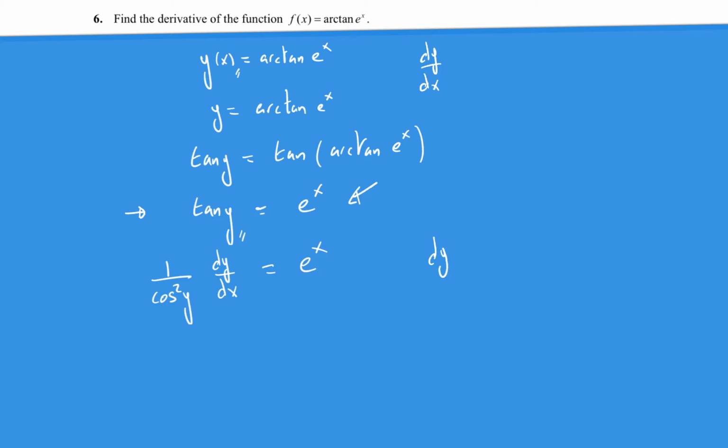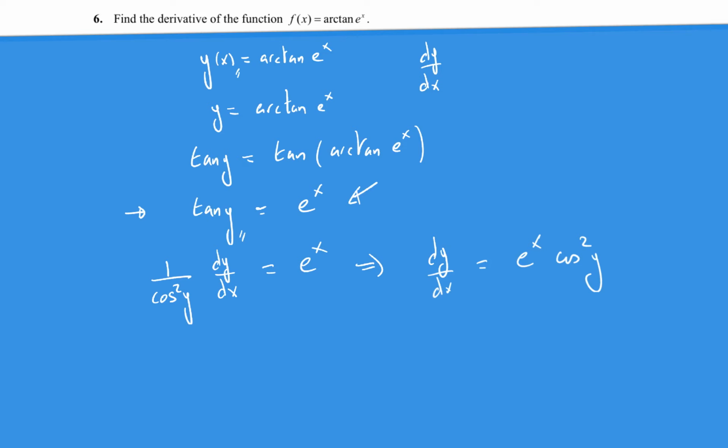The derivative of y, being y arctangent of e to the x, is the derivative of y with respect to x. I can solve it from here, and it is e to the x multiplied by cosine square of y. But now I have the same problem as before. How is cosine square of y expressed in terms of x? How will I do it?